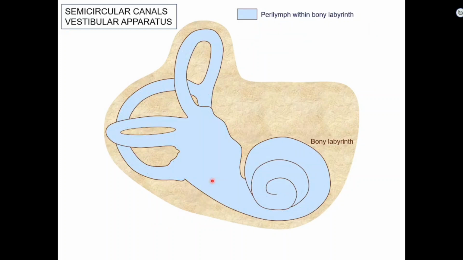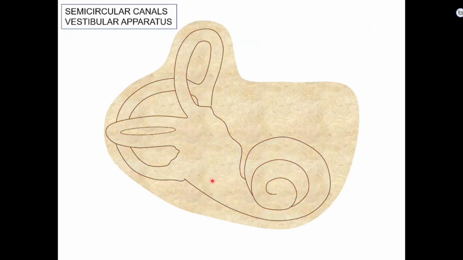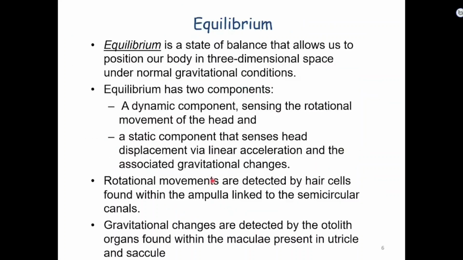Now let's go back a little bit. Let's define equilibrium. Somebody was asking, there are two states of equilibrium. So equilibrium is a state of balance that allows us to position our body in a three-dimensional space under normal gravitational conditions.